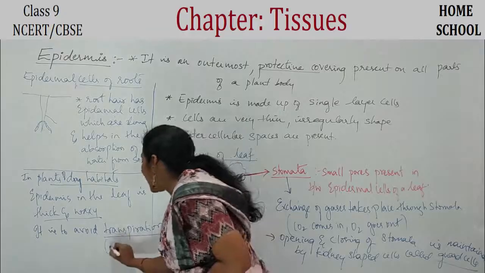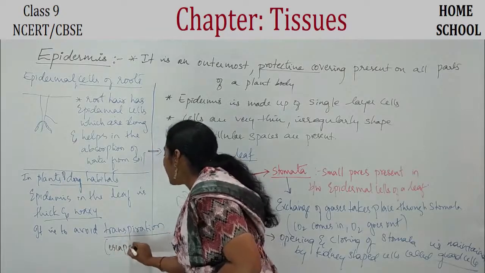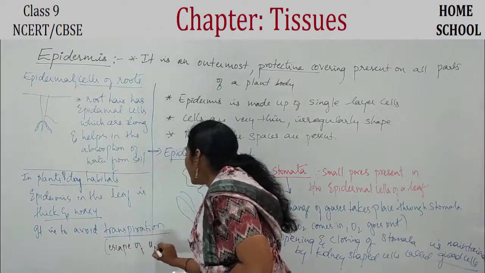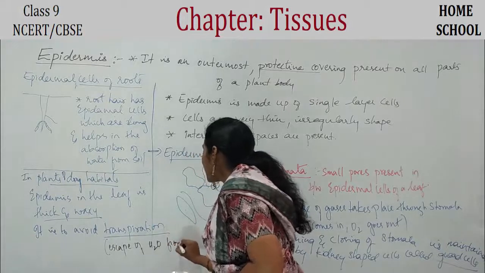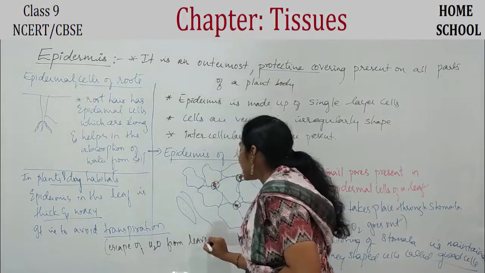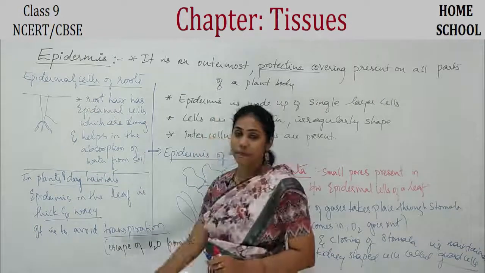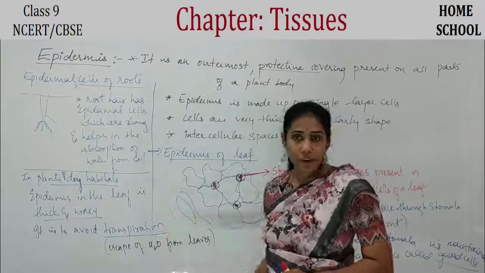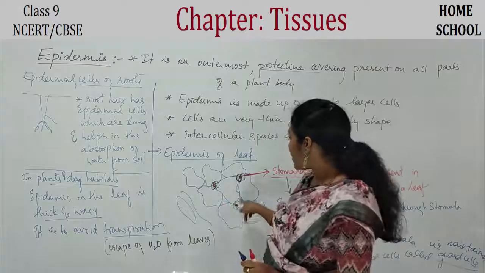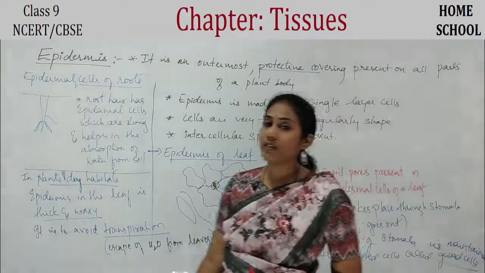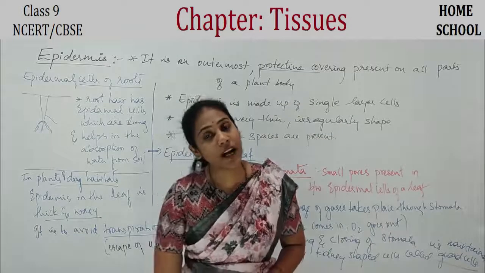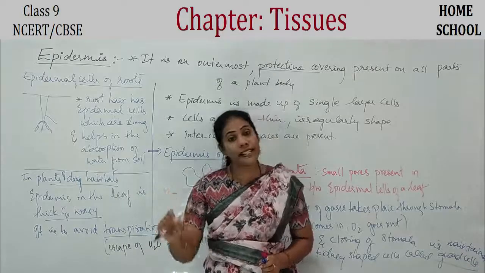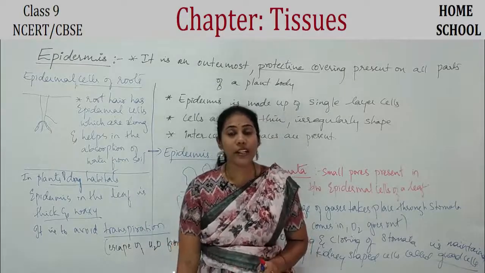Transpiration is nothing but escape of water, that is H2O, from leaves is called transpiration. Okay, so whatever leaf you take, definitely you will have small holes in the leaf called stomata. Through stomata, water also can escape into atmosphere.